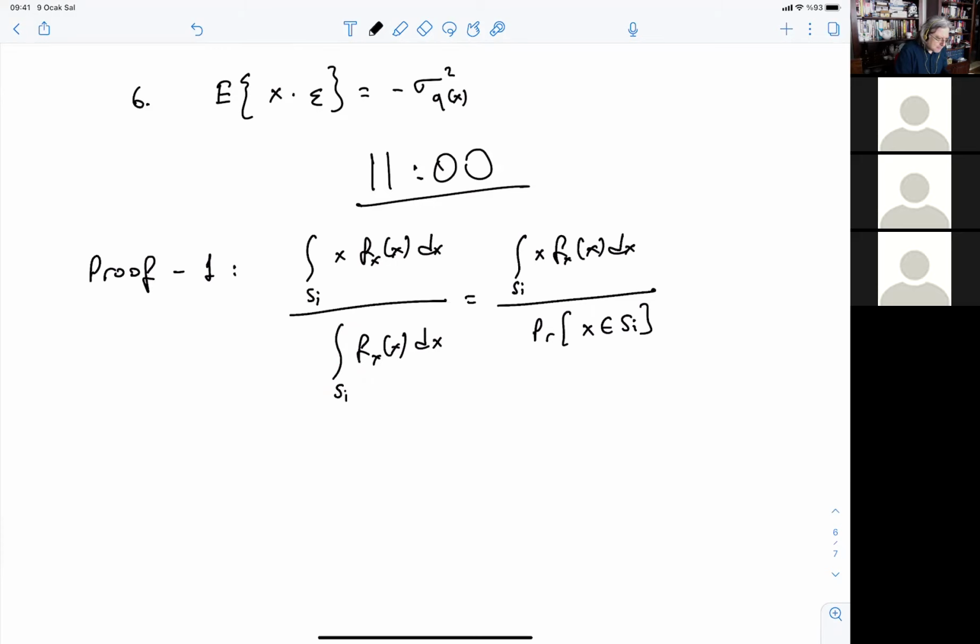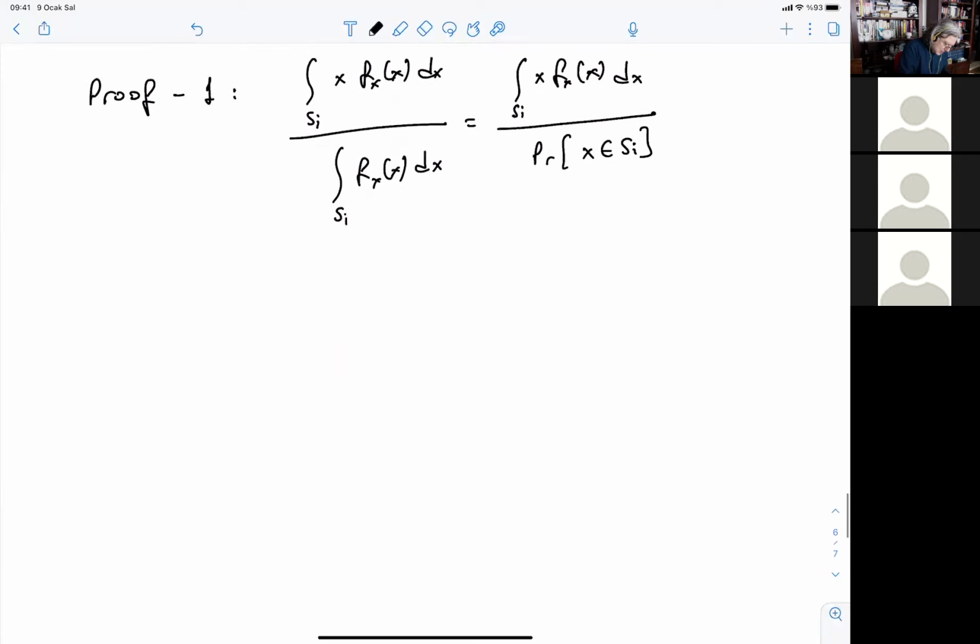And then I can erase this. Let's not be lazy and let me write it in a separate step. We can write it like the integral inside Si. I will write it as x times fx of x divided by this probability of x inside Si, dx. So reform it inside the integration.